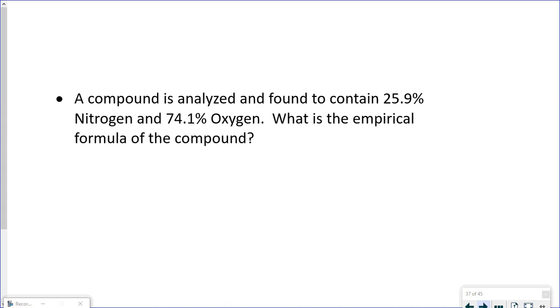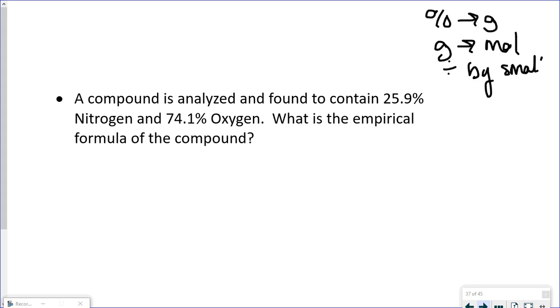So I'm going to write the steps of our poem across to the side. So we had percent to mass, mass to mole, divide by small, and then multiply till whole. So those are our 4 steps that we're going to take.